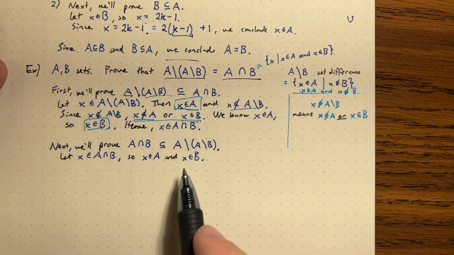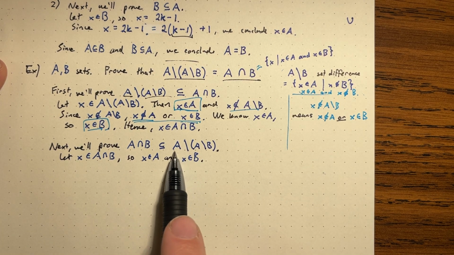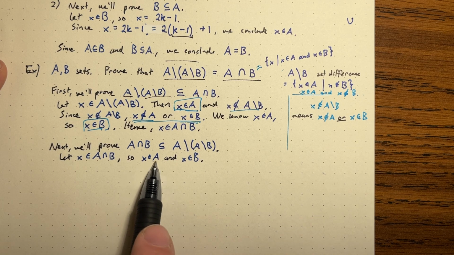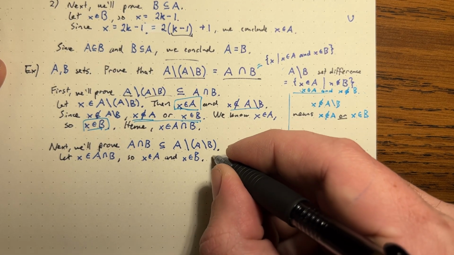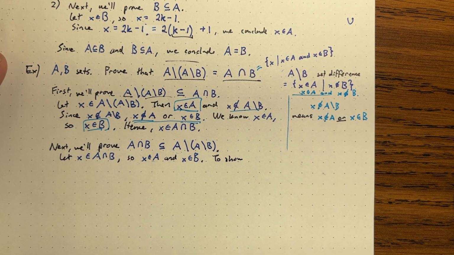Okay, let's think through this. We need to show it's in here. How are we going to do that? Again, these are the things that are in A but not in this. So we know x is in A. Maybe I should just do this on the side, but I'm just kind of writing out my thought process.